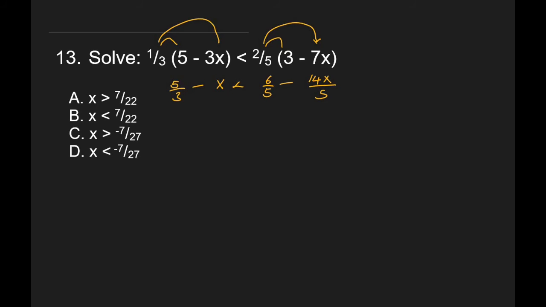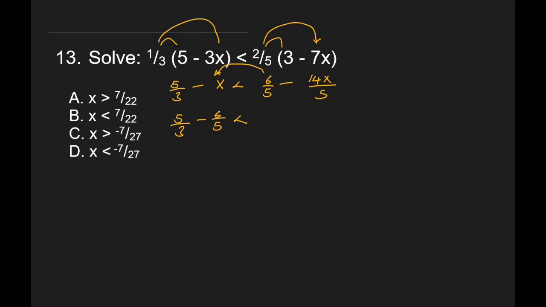Why not we now bring the like terms together? And if you ask me, I think this should come to the side of the inequality, and that will be 5 over 3. If 6 over 5 comes over, it becomes minus 6 over 5.